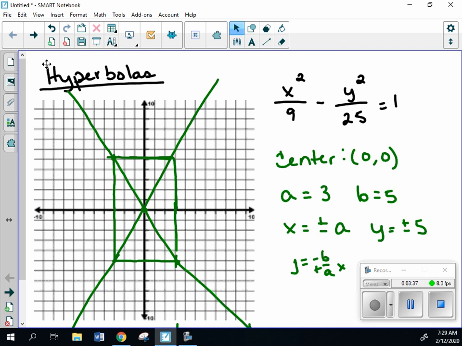So what that means is we're going to have a vertex here and a vertex here. And then it's going to curve around that asymptote line and come in close next to it.